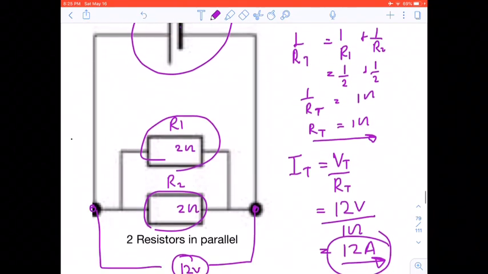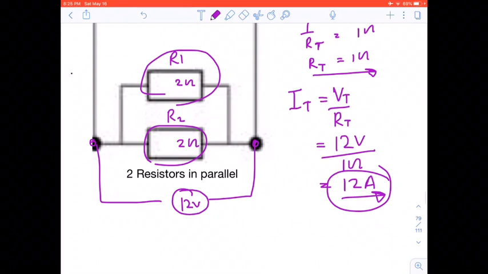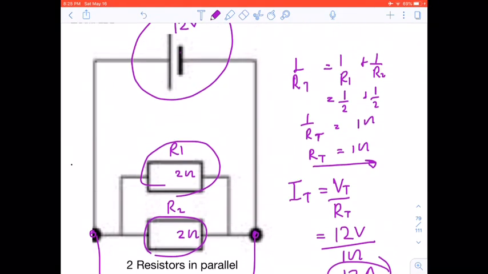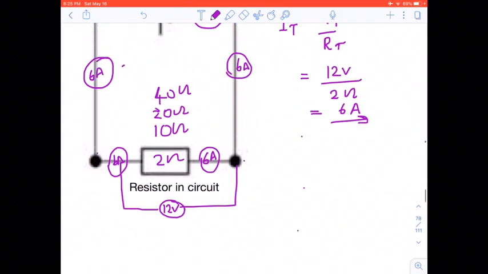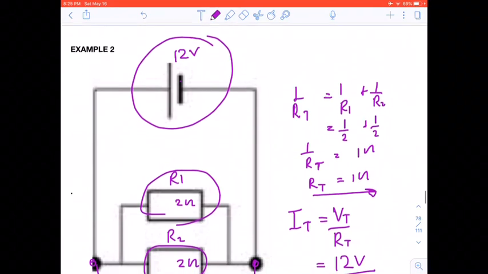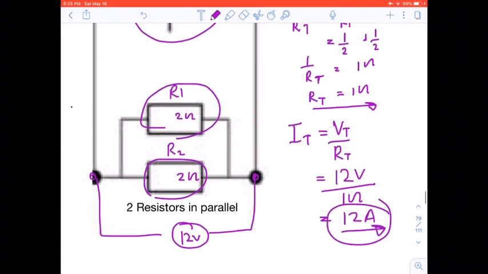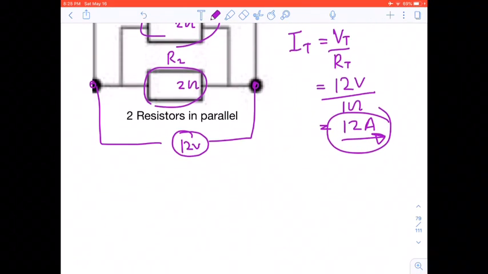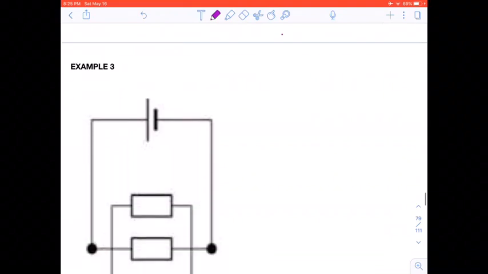Here I've put resistors in parallel, so the current in the circuit is 12 amps, which means that the battery is now supplying more current than when we had a single resistor like this. So now it's supplying 12 amps. Right, let's go to one more.